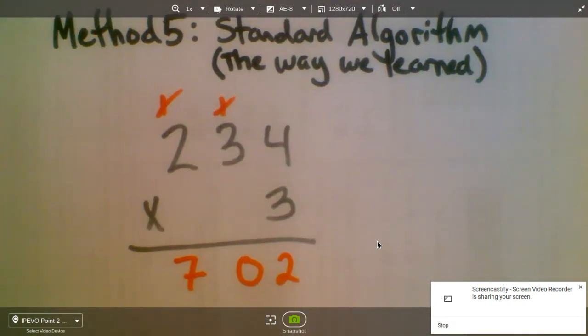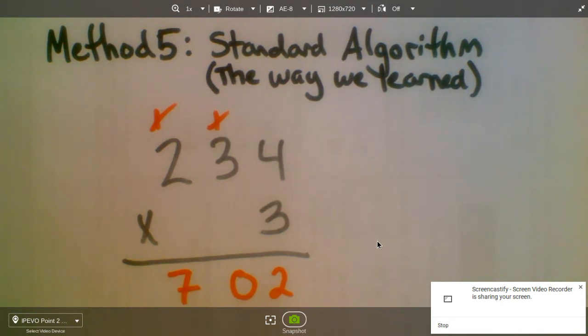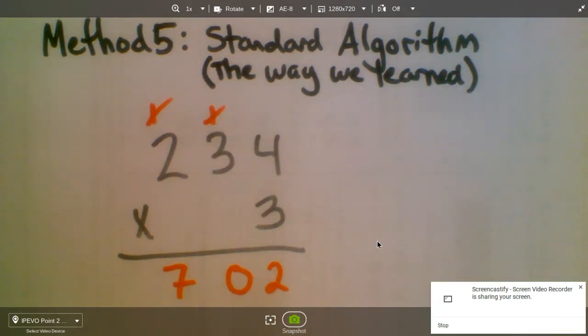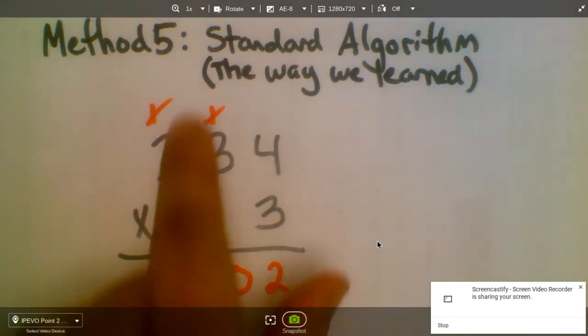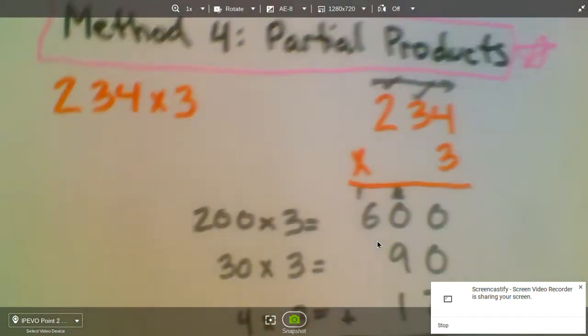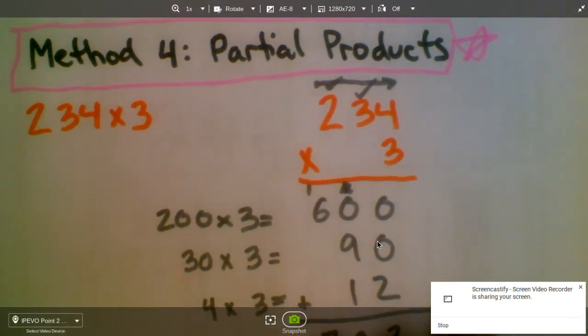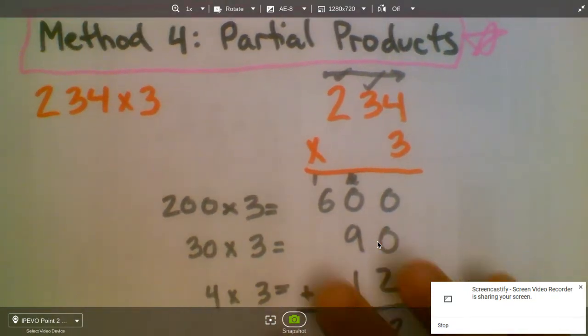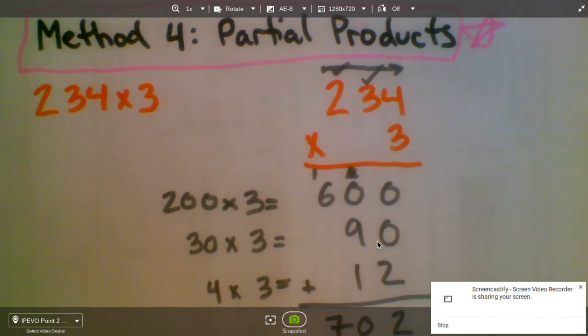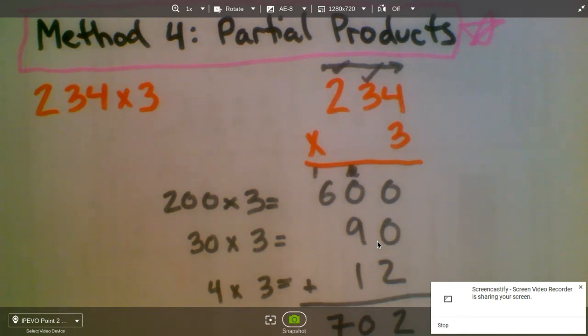So this leaves you with 5 different methods for multiplying multi-digit numbers, 2 digits, 3 digits, 4 digits, times single digit factors. We have the standard algorithm, method 5, the last one we've introduced. Method 4, partial products, definitely something we encourage students to be comfortable with, and we're going to do a lot of practice with it.